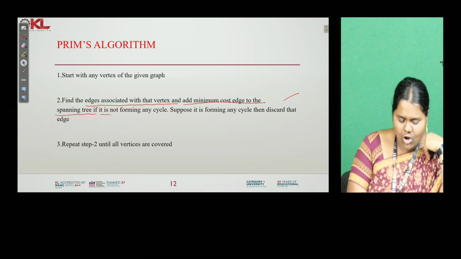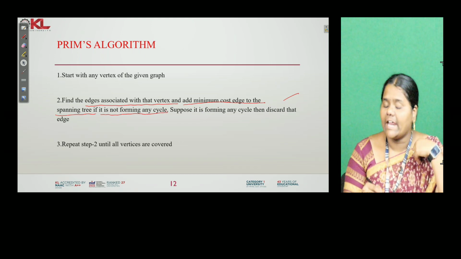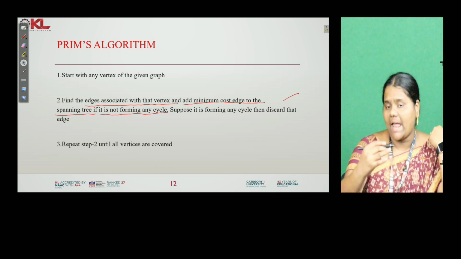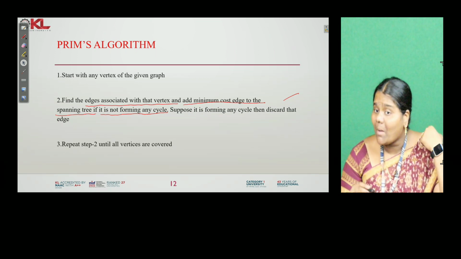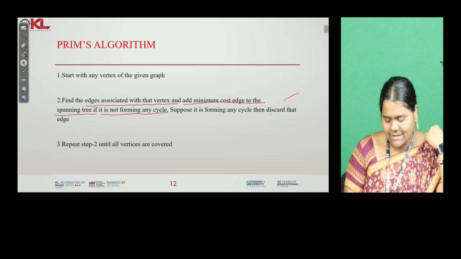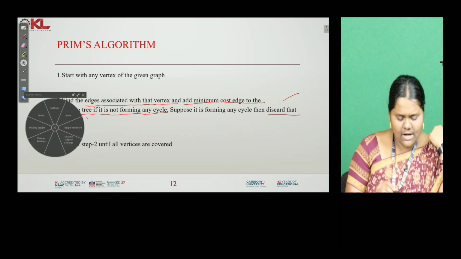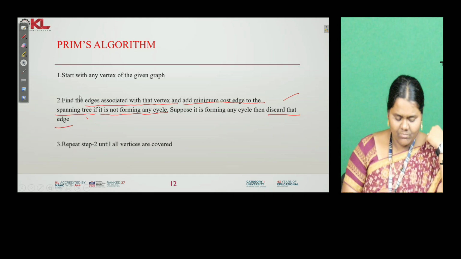If it is not forming any cycle, then only we have to add that particular edge to the spanning tree. Suppose it is forming any cycle, then discard that edge. So, discard that particular edge.